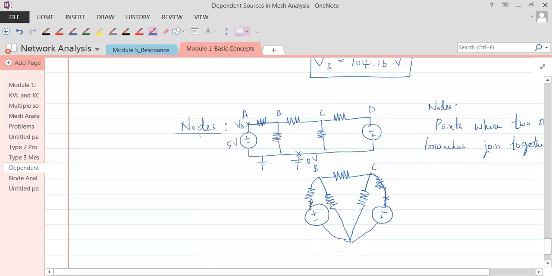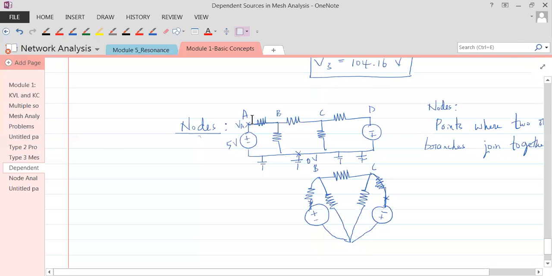These are all ground points. So can you tell me what voltage VA is? Voltage at node A is 5 volts, because between node A and this ground, there is a 5 volt source connected. That's why the voltage at node A is 5 volts.